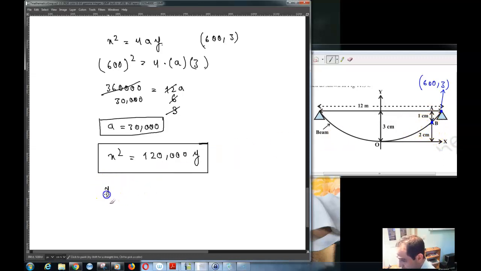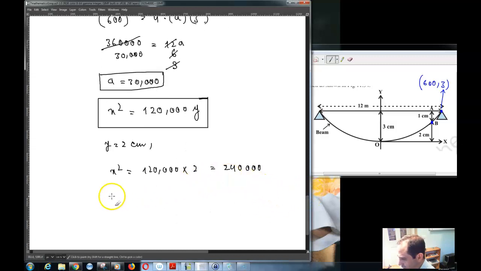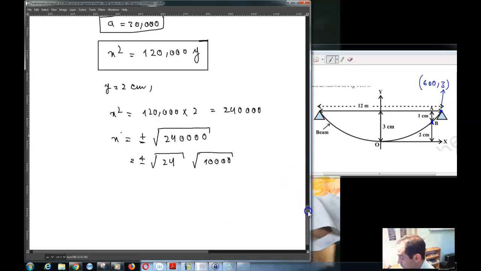So if y is equal to 2, then x squared is equal to 120,000 times 2, which is 240,000, and so x is equal to plus or minus the square root of 240,000, which is the same as plus or minus the square root of 24 times the square root of 10,000.